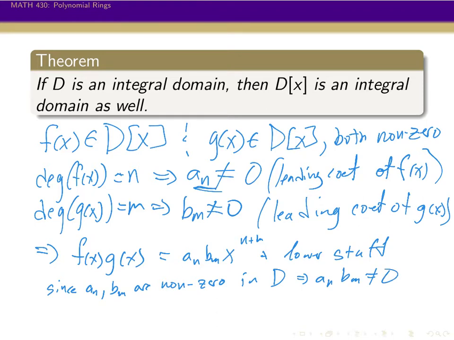This is the leading term of the product. It has a non-zero coefficient, and so that means f of x times g of x is not equal to 0. And so if you take the product of any two non-zero polynomials, you're going to end up with something that's non-zero.